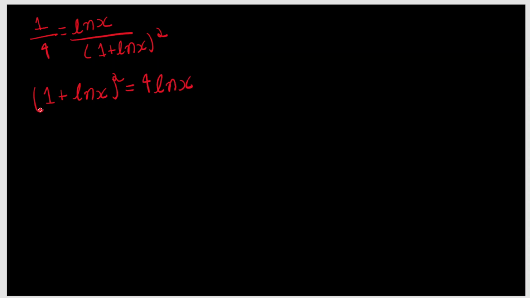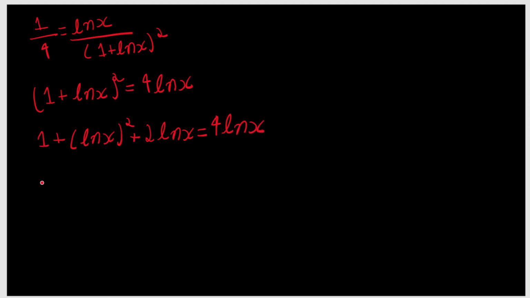So simply expand this with the a plus b whole square. We know that a plus b whole square is equal to a square plus b square plus 2ab. So this is a, this is b: 1 plus ln x square plus 2 ln x is equal to 4 ln x.